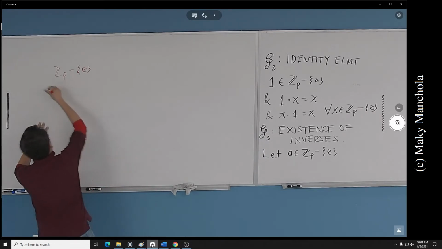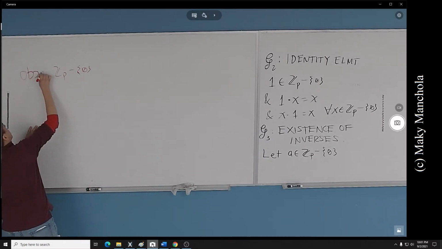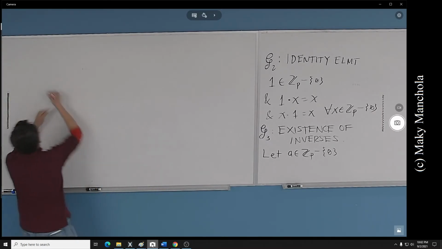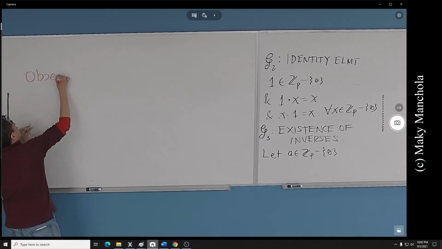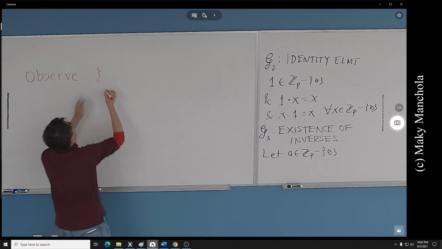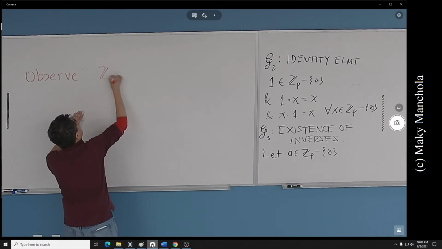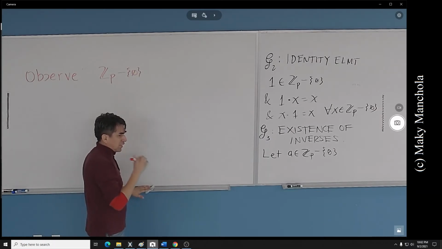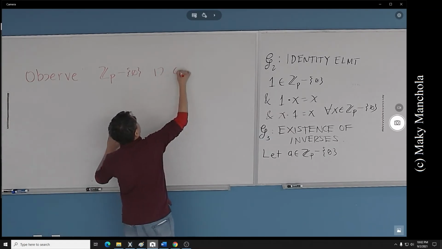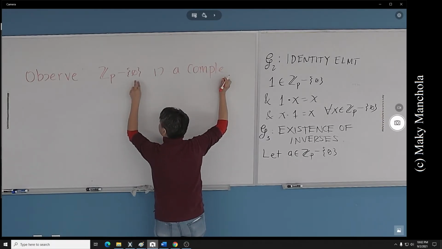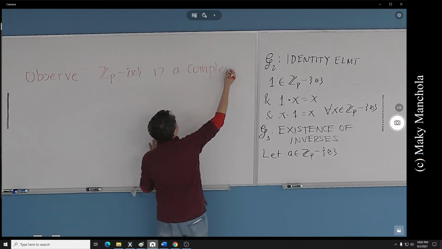So, observe that ZP excluding 0 is a complete set of residues modulo P excluding 0. Because these are all remainders, but they exclude 0, so it is a complete set of residues.